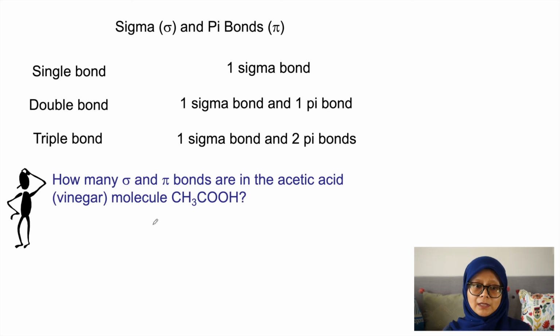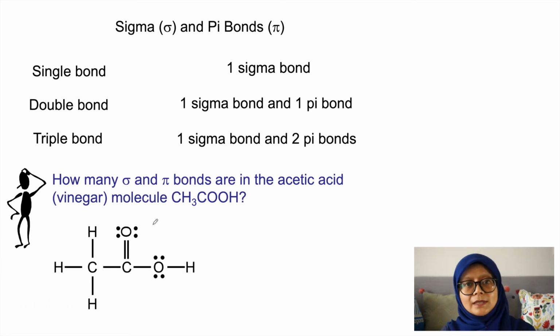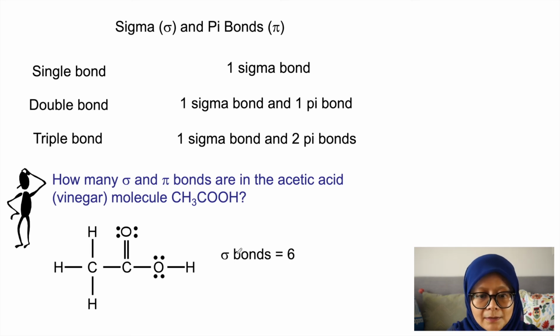The question here: how many pi and sigma bonds are in an acetic acid molecule? So this is the structure of acetic acid. We are going to have here the sigma bonds as 6, where 1, 2, 3, 4, 5, and also 6.